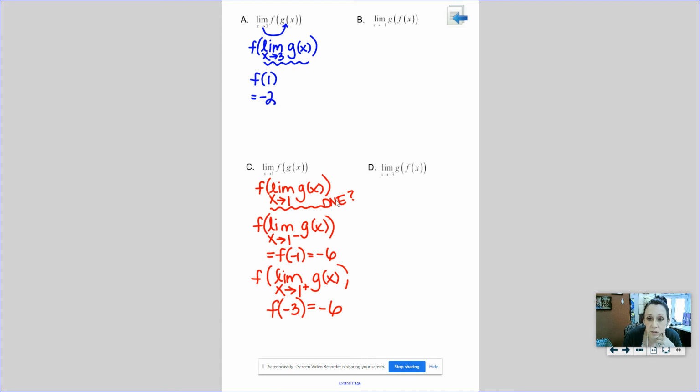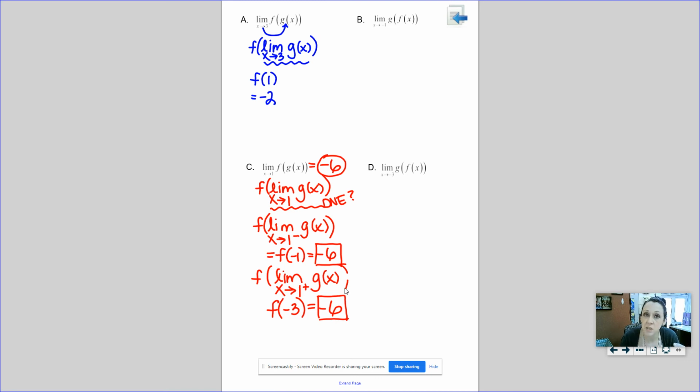Okay, look here. The limit initially was D and E, but when we break it down to the left side and the right side, we got -6 at the end from both directions, did we not? So guess what the answer is? The answer is -6. Because you got the same solution from the left side and from the right side.